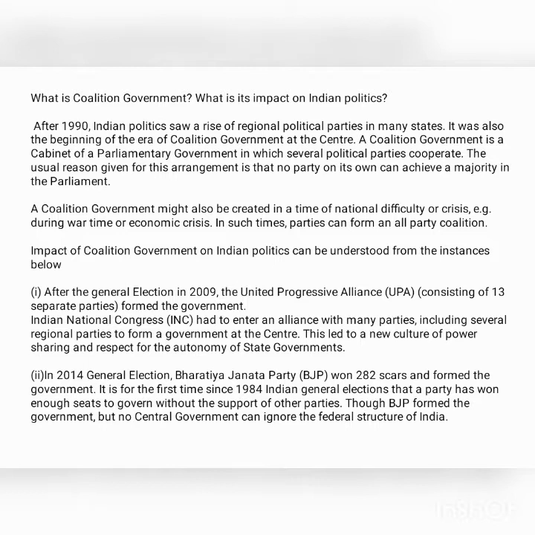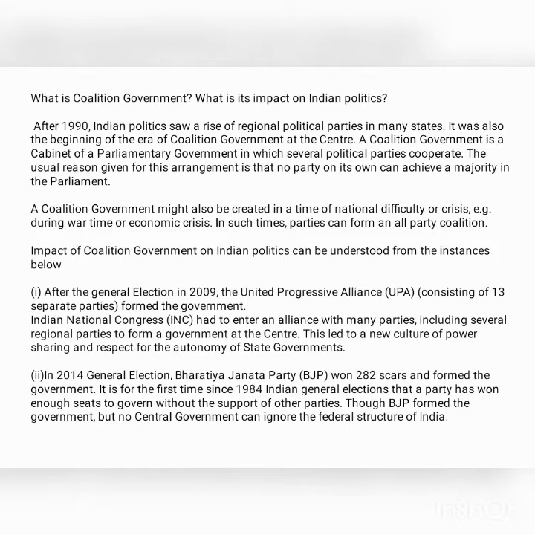After 1990, this was the first time Indian politics saw the rise of regionalism in many states. That is why 1990 was also the beginning of the era of coalition government.